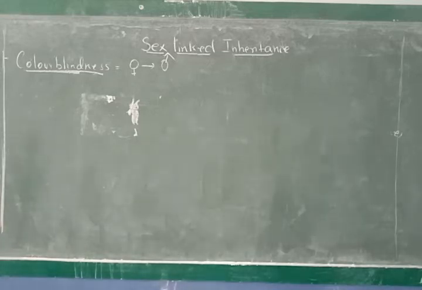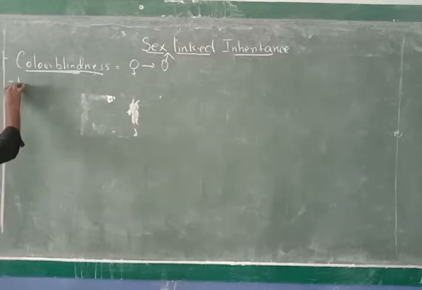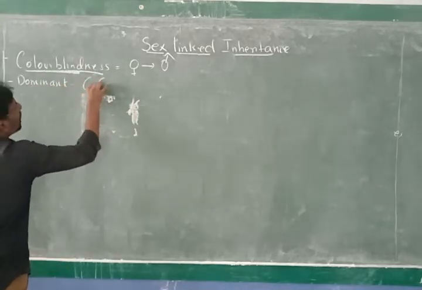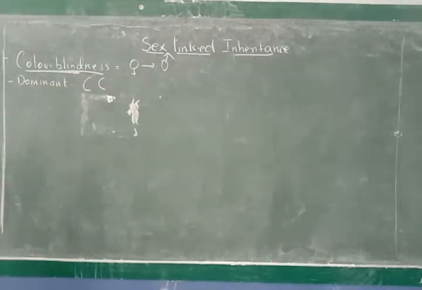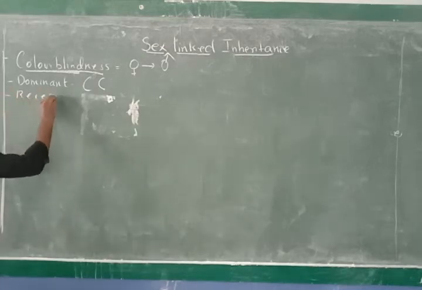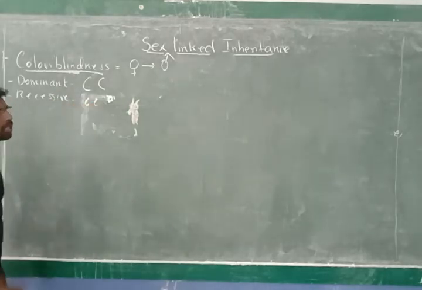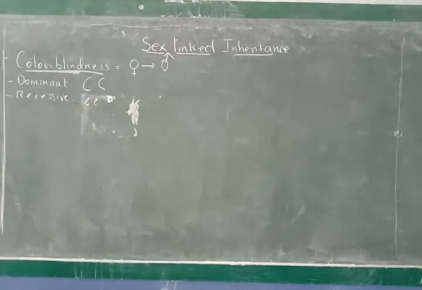One set is called dominant alleles, for example capital C. One set is called recessive alleles, for example small c, small c. So these 2 are the recessive alleles.